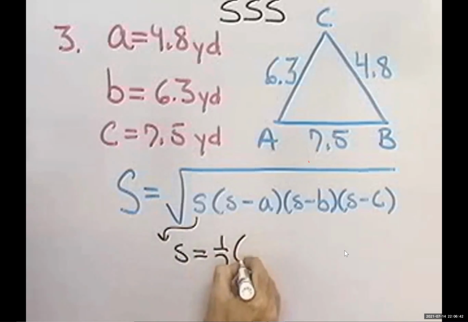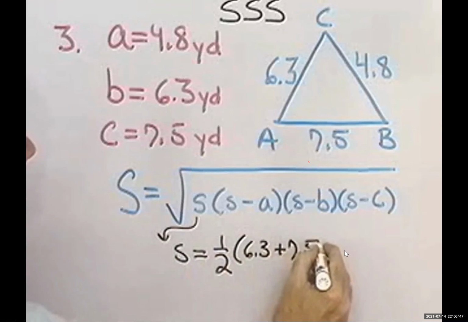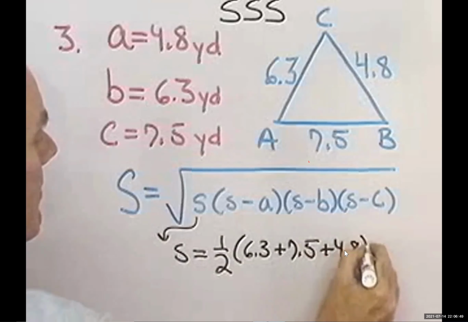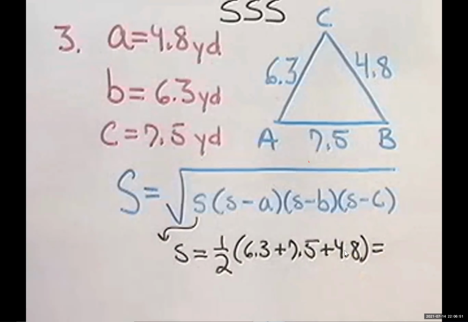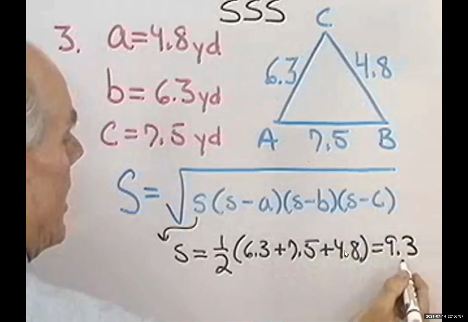Little s is 1/2 of 6.3 plus 7.5 plus 4.8. I do that arithmetic, 1/2 of that sum turns out to be 9.3. So that's 1/2 the perimeter.